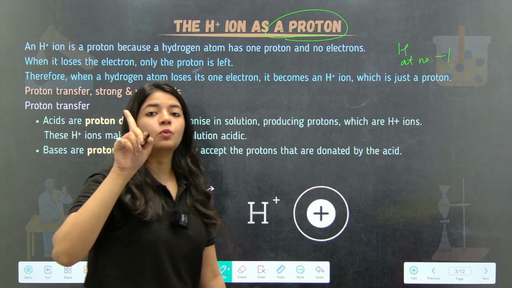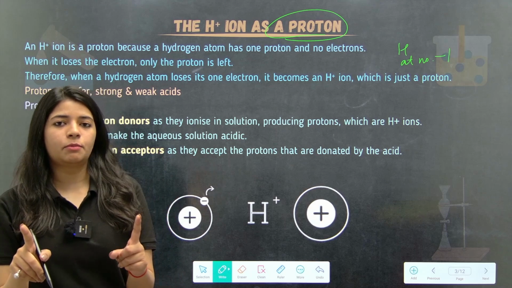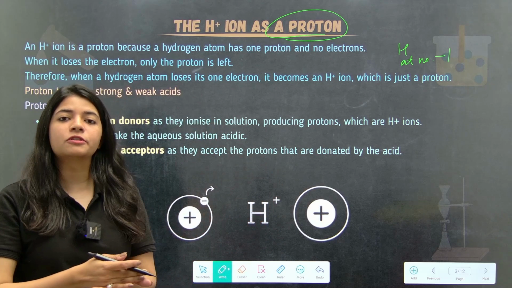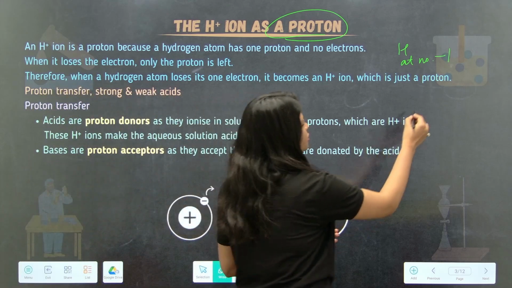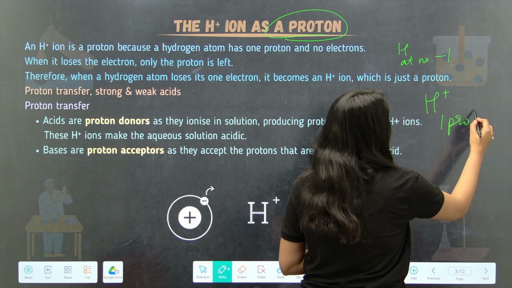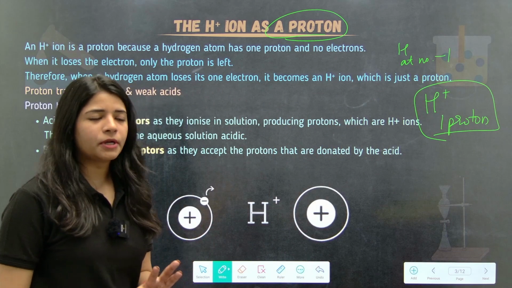It means it has 1 proton, and for it to be neutral, 1 electron is present. Now it has donated 1 electron and hence it possesses a positive charge. It is H plus now. It is only left with 1 proton and hence it is commonly known as proton. I hope it is clear.